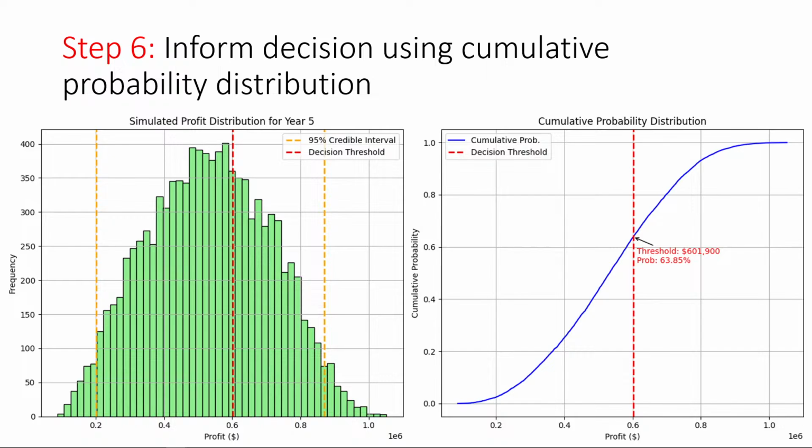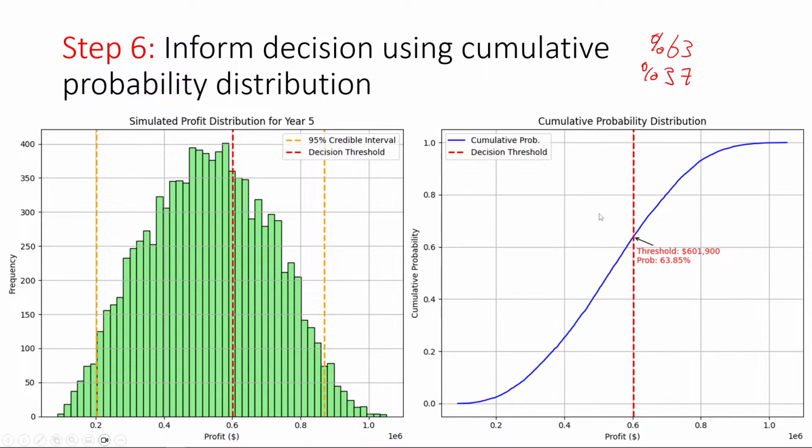So what does this mean? There is about 63% probability, or you could look at it as 37% probability.